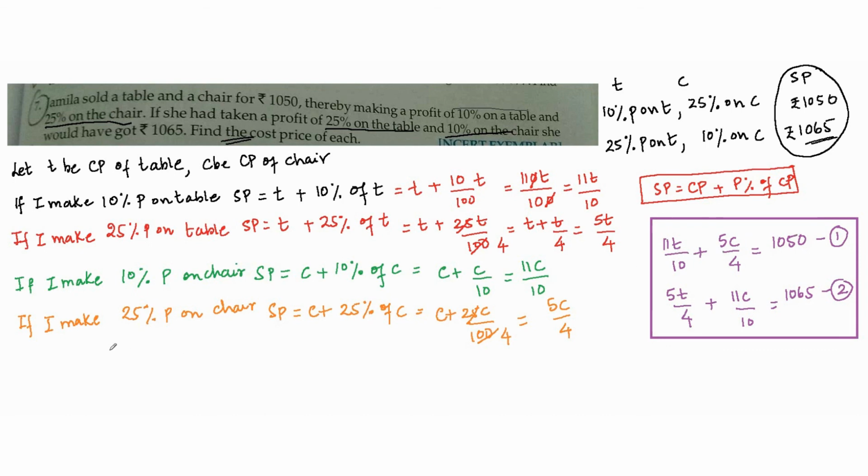When I multiply throughout by 20, I am going to get the following equations. 22t plus 25c is equal to 21000, and again the LCM of 4 and 10 is 20, so multiplying by 20 I get 25t plus 22c is equal to 1065 multiplied by 20, which is 21300. So these are my equations 3 and 4 which I can solve for t and c.